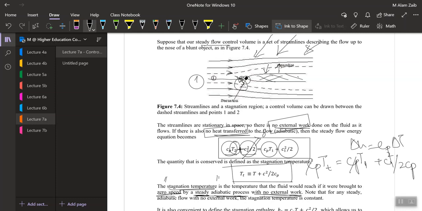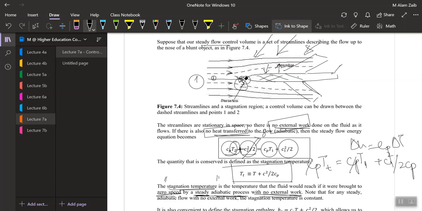When do we actually need the stagnation temperature and stagnation pressure? Let's suppose we have the same kind of object, or let's suppose an aeroplane, flying in steady flow airspace.